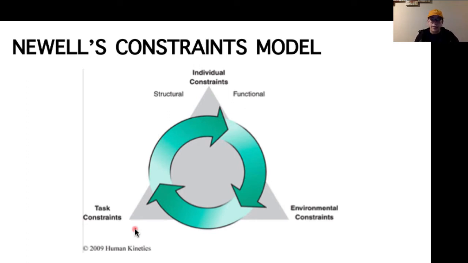When we think about that activity, if we're considering the individual, we have to say, who are they and at what stage of the lifespan are they in, right? Because a toddler would walk very differently from an adolescent, who would walk very differently from an older adult. Okay, so in that example, age could be an individual constraint, or it could be a factor playing into individual constraints that are either structural or functional.